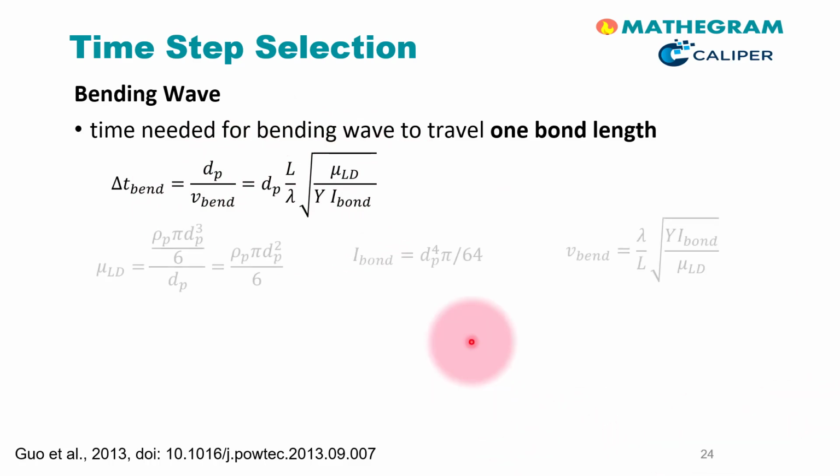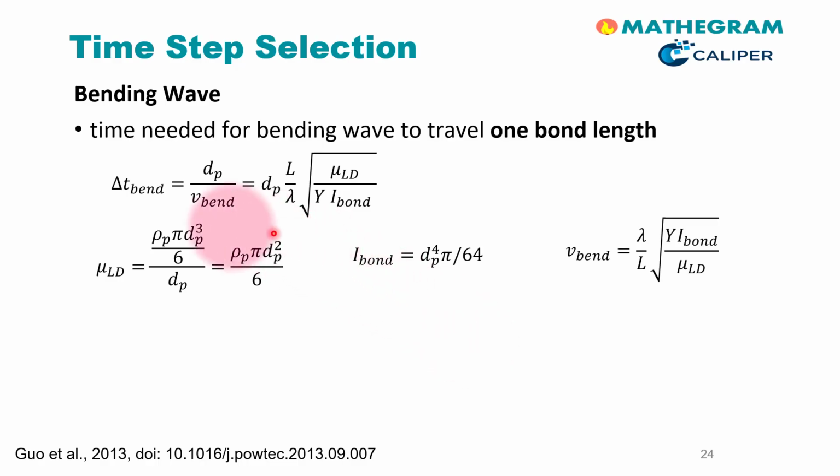We now have to recall the structure of our 1D BPM to write down the equation for the mass per unit length. As you see, we simply consider one bond which is populated by two half spheres, so one full sphere, and the distance is of course 1 dp. Also, we recall the expression for the area moment of inertia.